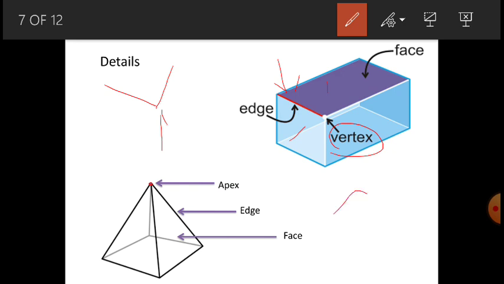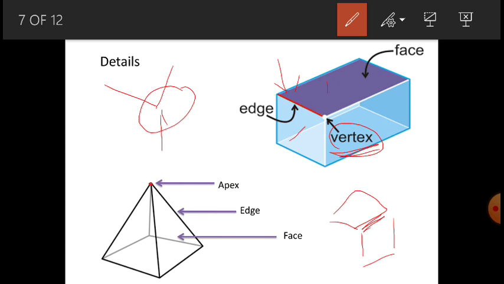When two planes meet, this is called an edge, okay, and where three edges meet at a single point and make a corner, that corner is known as a vertex, okay.